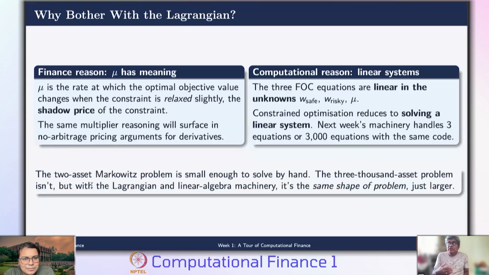Mu is essentially giving me how much risk appetite I have, and a reasonable risk appetite would be around the risk-free rate of return, or maybe a little more, with the risk-free rate as a baseline. Do I have more than that? Do I have less than that? That is the idea.